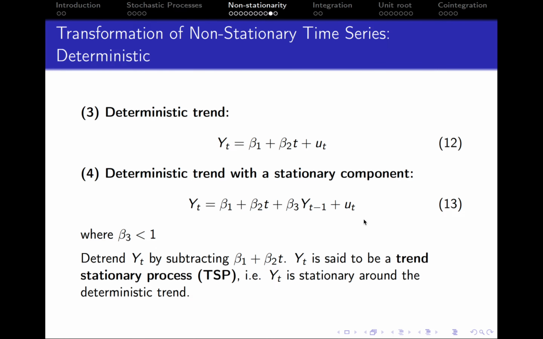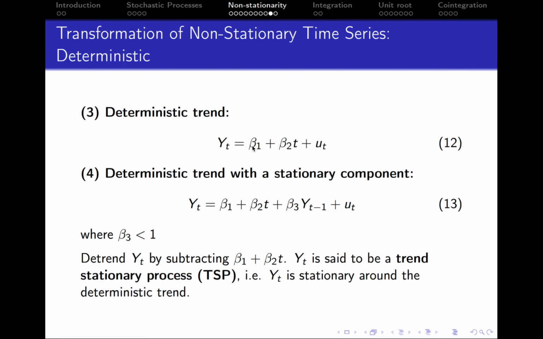When it comes to deterministic non-stationarity, what we need to do is the following. We take the expression we've got and we detrend it. Detrending means subtracting beta 1 plus beta 2t from yt.